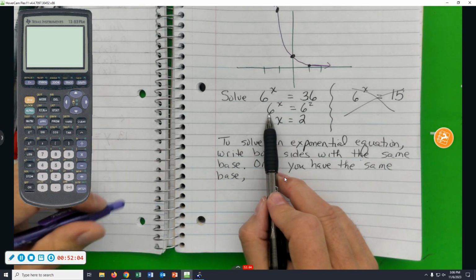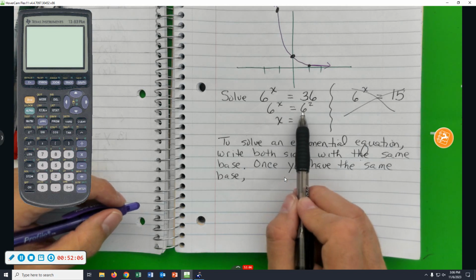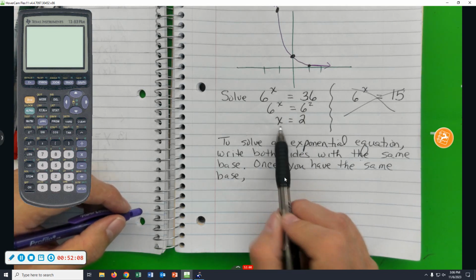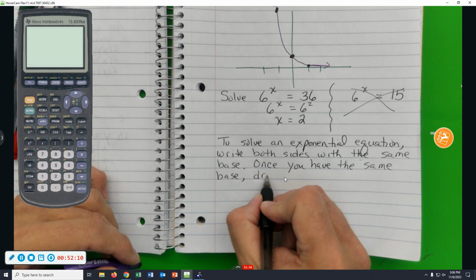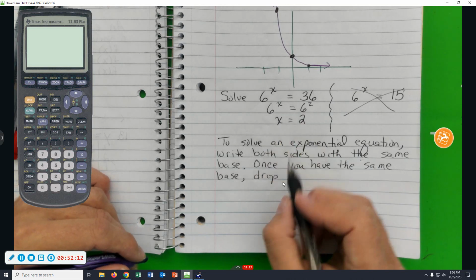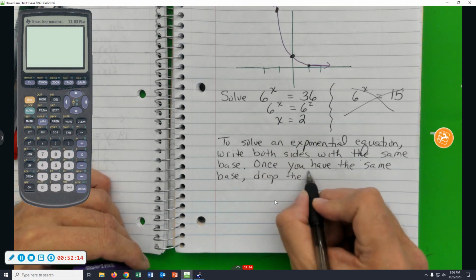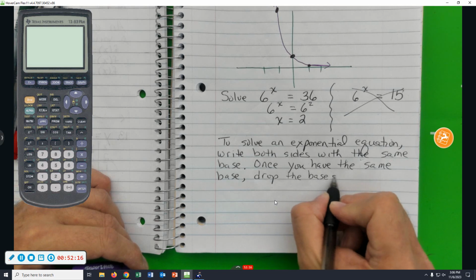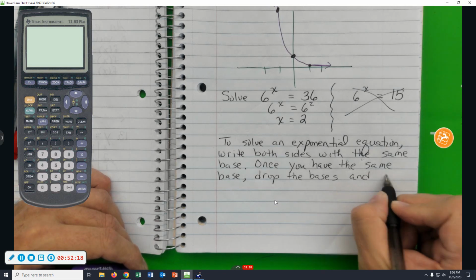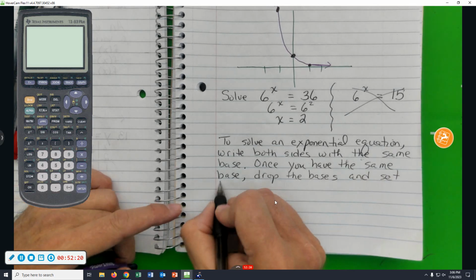Like right here, 6 to the x equals 6 squared. Drop the bases. Notice we stopped writing the 6's. And set the exponents equal.